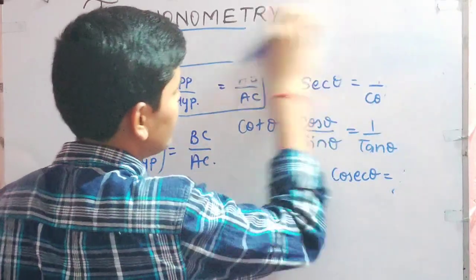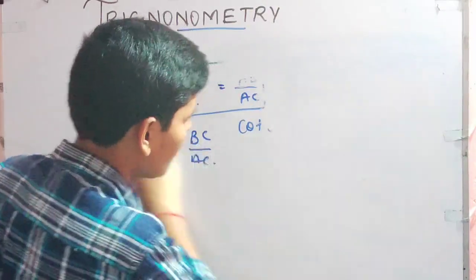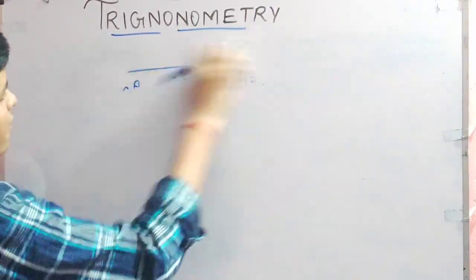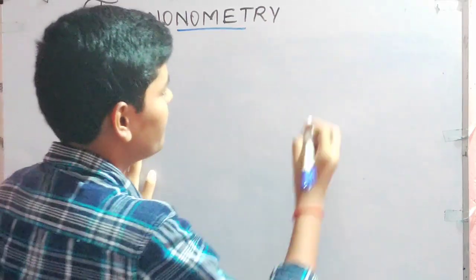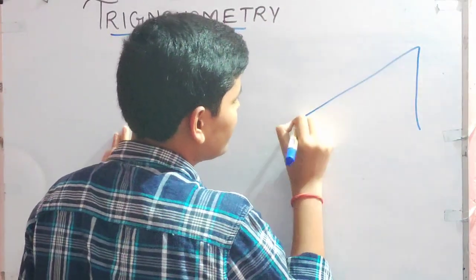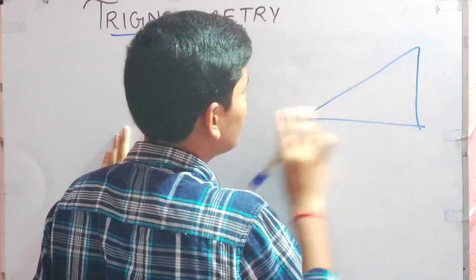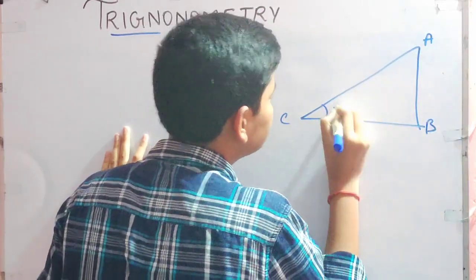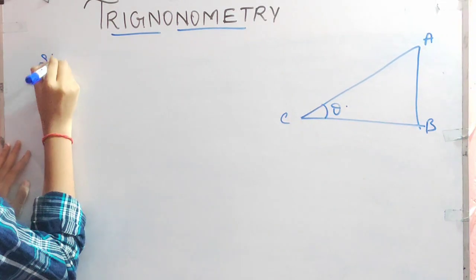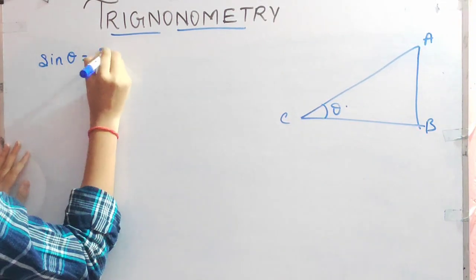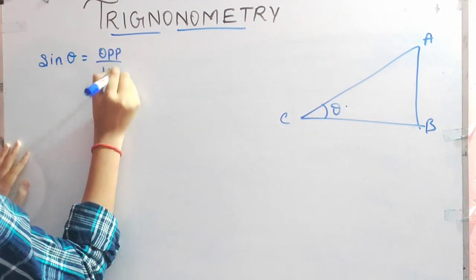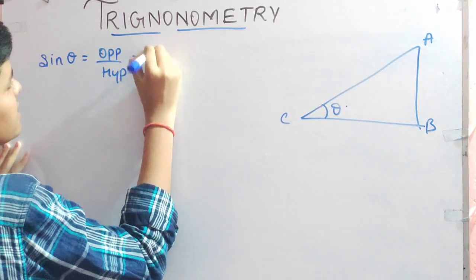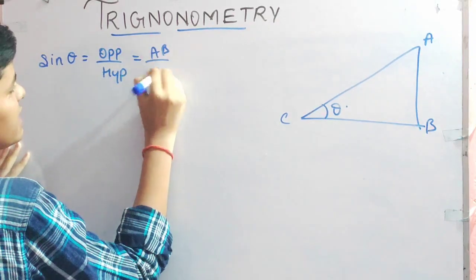Now let us summarize all that up, using this right angle triangle again over here. This is A, B, C, and this is the theta. So sin theta is equal to opposite by hypotenuse, which is the important one. Opposite is AB, hypotenuse is AC.